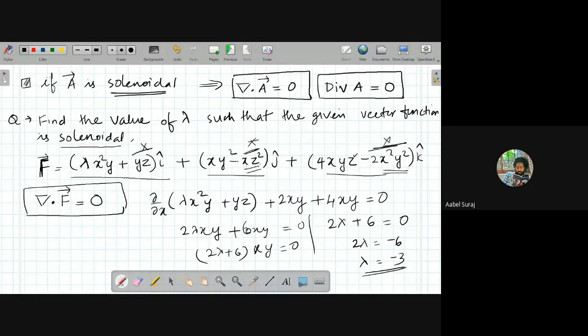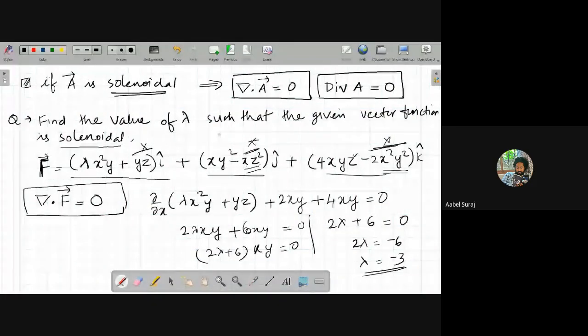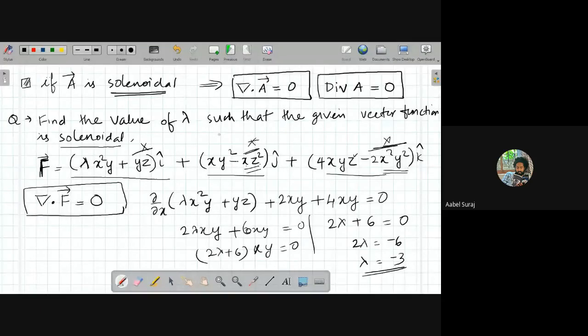Then we'll move on to the integration, vector integration part, so that we can wind up the session of vector calculus. Since it is very important, more in HCU questions and entrance examinations, more about divergence and curl of a vector function is asked.